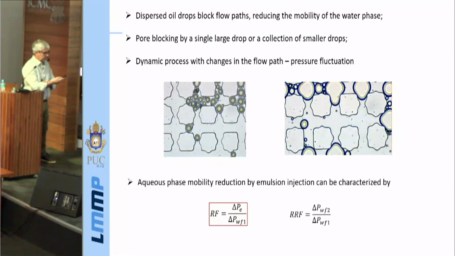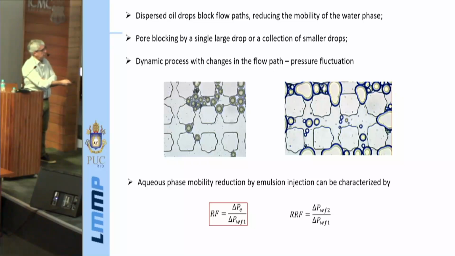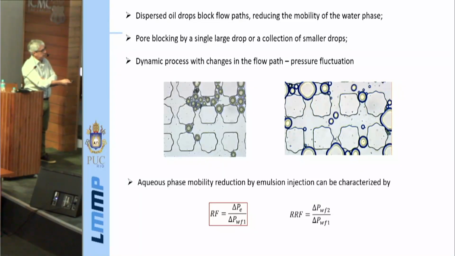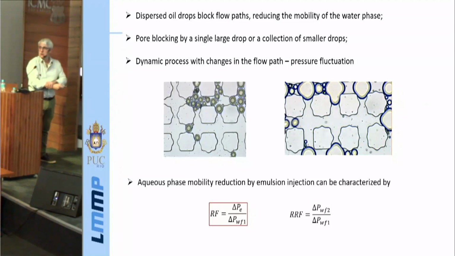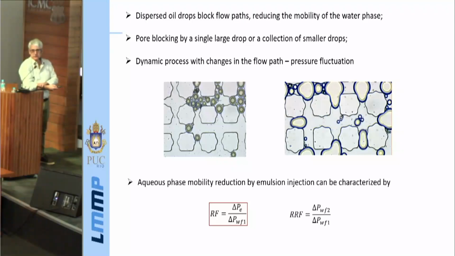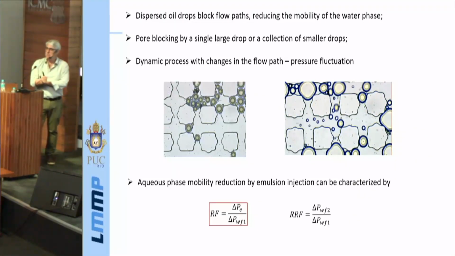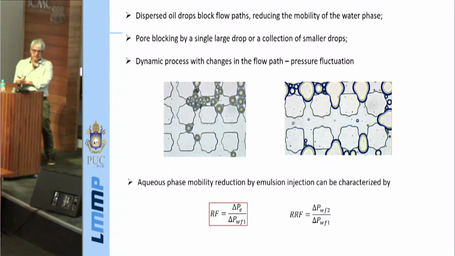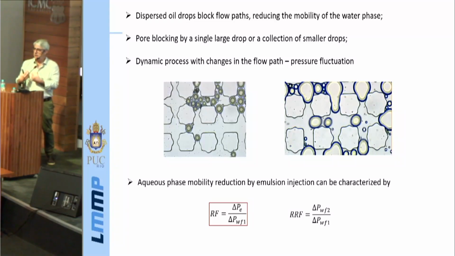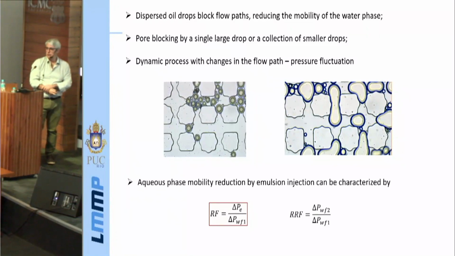Okay, again, I'm going to show this RF, which is the ratio between the pressure drop of the emulsion flow to the pressure drop of the pure water. So the higher this RF, the more you're blocking the water path, so better it's going to be for having an oil displacement.